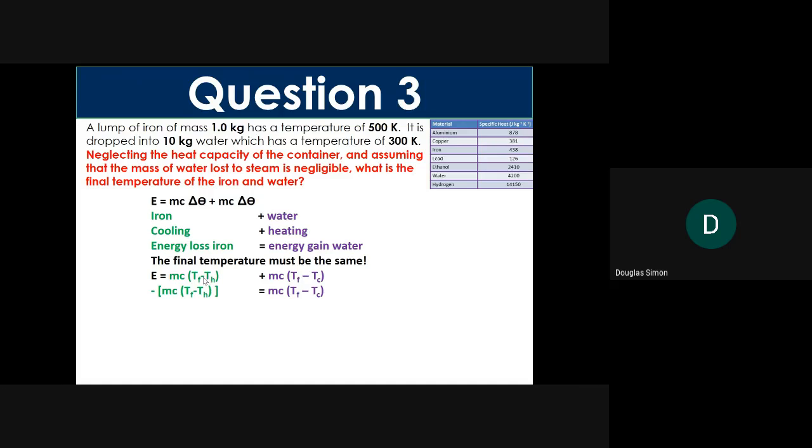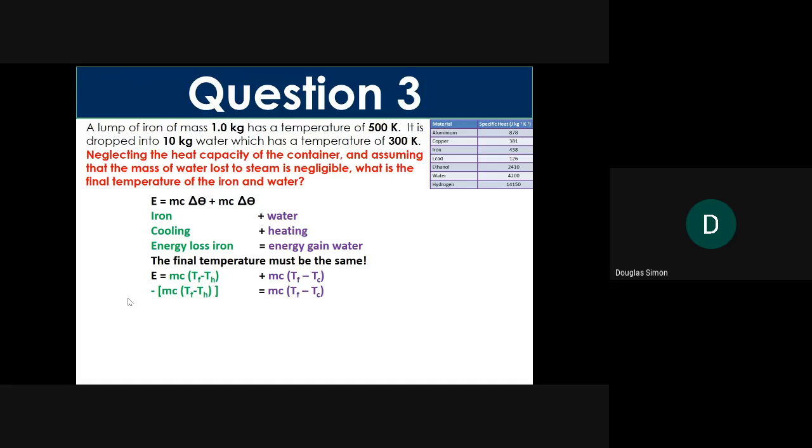This will be negative, but firstly, because this is equal to this, we're going to set it equal to it, and then we're going to rearrange. So what I'm really saying is there is zero overall energy change, because this energy loss equals this energy gained. So because this is zero, I can say that the energy lost is the energy gained. Now, the final temperature minus the hot temperature is negative, so that will eventually make this negative sign go away.